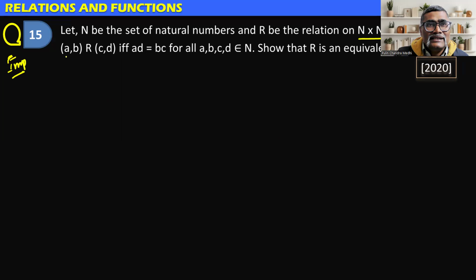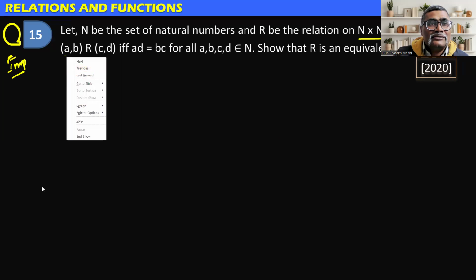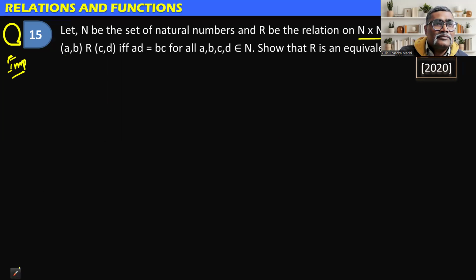For example, earlier we have taken this as an element, this as an ordered pair for the relation. But this time this A comma B will work as an element of the set because the relation is defined on the set N cross N.